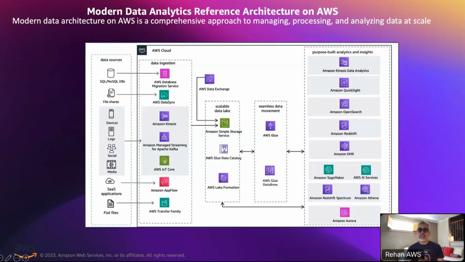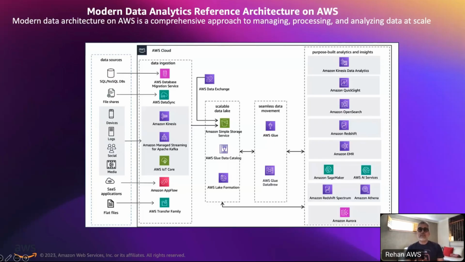So if you have streaming data, then we've got a service called Amazon Managed Service for Apache Flink, which used to be Kinesis Data Analytics in the past, and we changed the name. It is used to transform and analyze streaming data in real time. QuickSight, which is the topic of this discussion today, provides machine learning powered business intelligence.